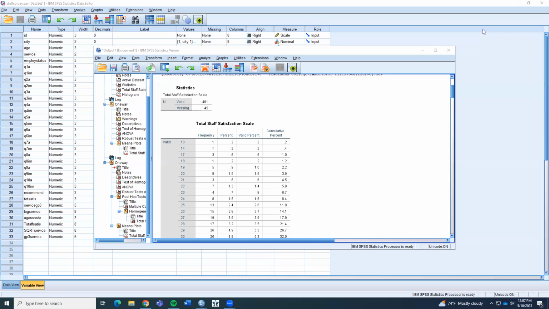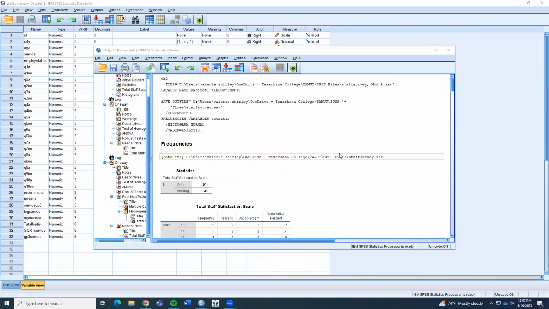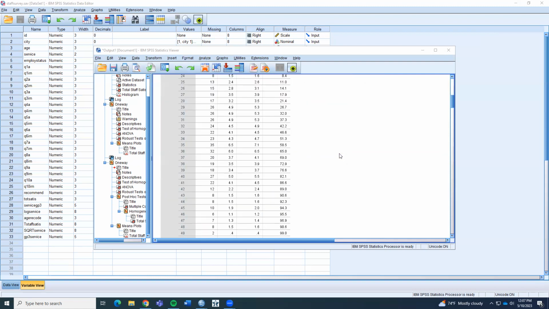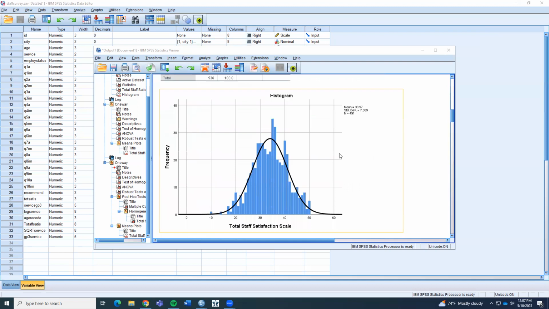And then we get to our third assumption, normality. I haven't done much calculating yet, but I did create a histogram with the data, and I'll show us how we got there in a minute.